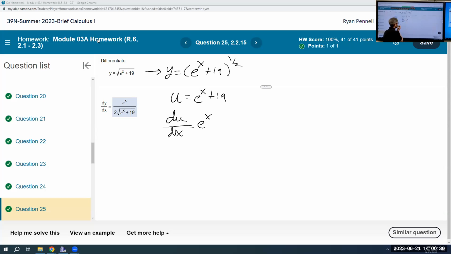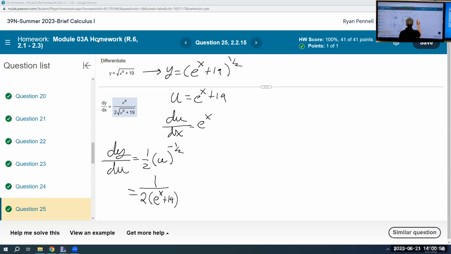The 19 would just go to 0. dy du is 1/2 u to the negative 1/2. That's going back to what we did last week. And I can rewrite that with the u we have: 1/2 (e to the x plus 19) to the negative 1/2.